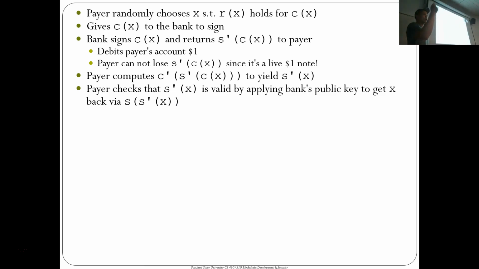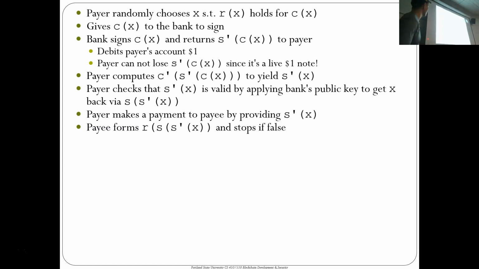If you know the bank's public key, you can verify that S prime of X holds, to make sure that yes, I did talk to my own bank to get this $1, and it's going to work for me to spend it. That's the additional check that the payer does. You could actually do this right when you get the signed note back, but you can do it right when you pay as well.